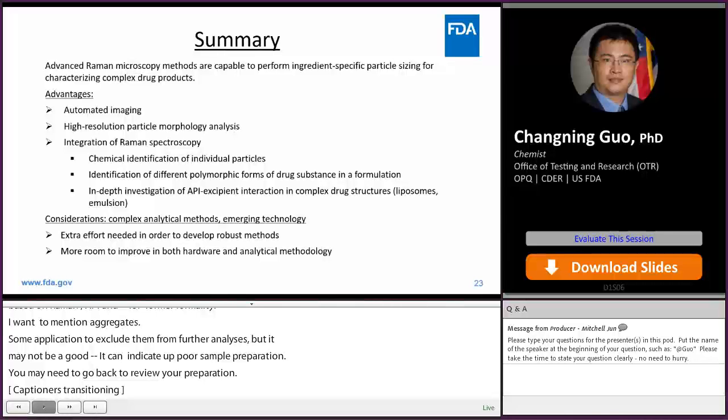However, advanced Raman microscope is a relatively complex analytical method, and they are also emerging technology. Therefore, extra effort is required in order to develop robust methods, and there is always more room to improve in both hardware and analytical methodology.